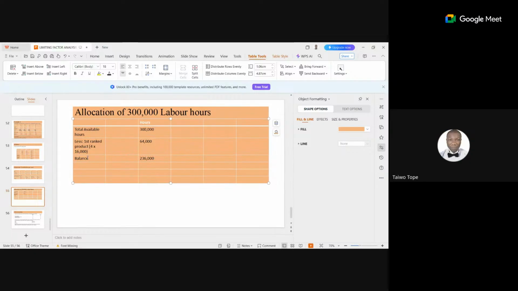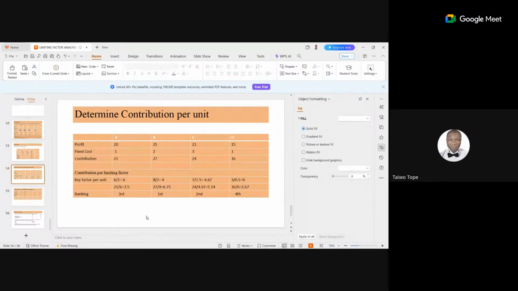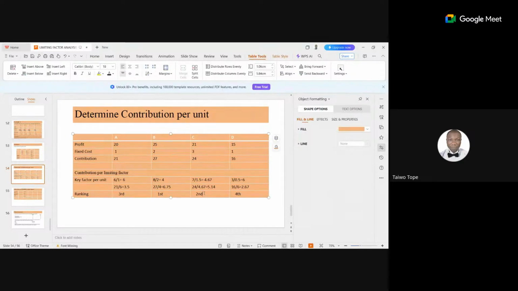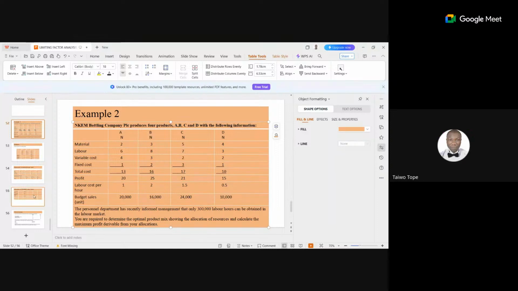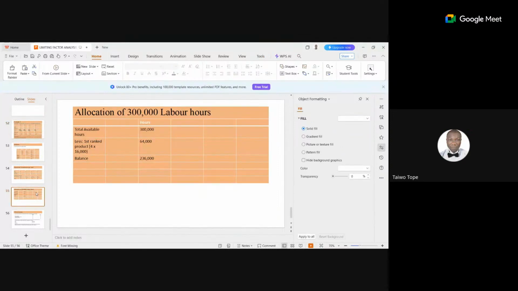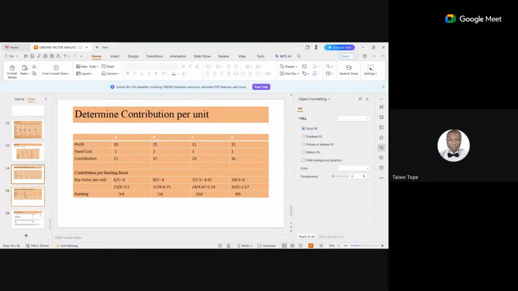The next ranking product is C. And we have how many units to produce? 24,000. To produce 1 unit, the hours are 4.67.